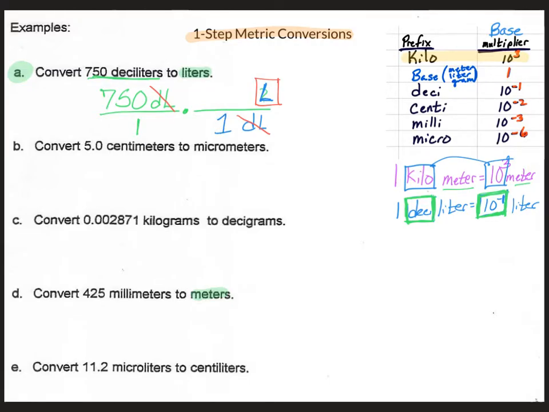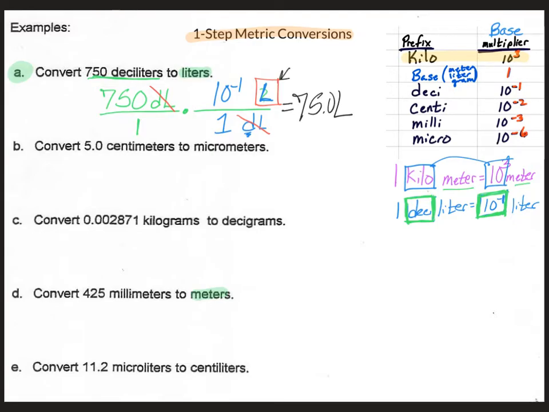The multiplier goes with the base unit, so the 10 to the negative 1 will be with the liters. So on your calculator, you'll put 750 divided by 1 times 10 to the minus 1 divided by 1, which should give you the answer of 75, and the units will now be liters, so 75.0 L.